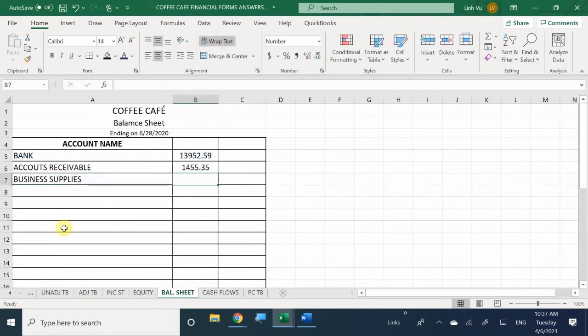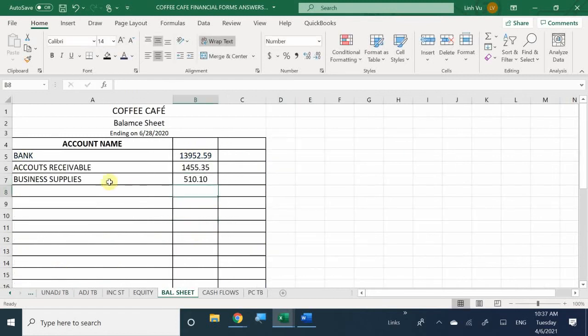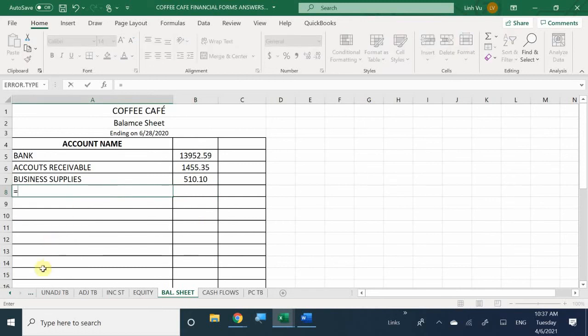What's my next asset? Business supplies, for a total of 5,010.